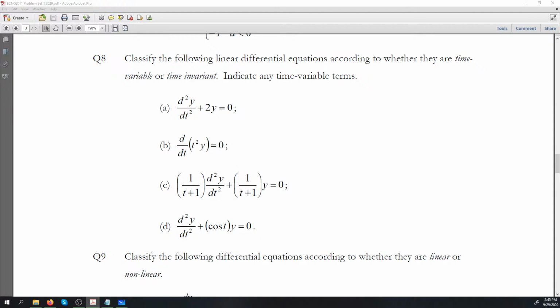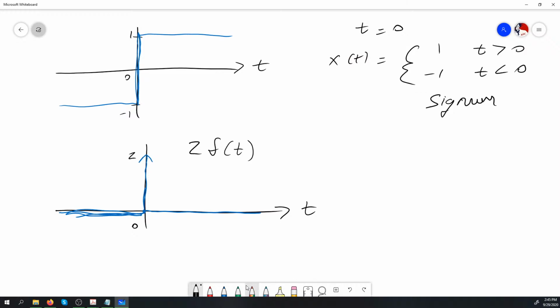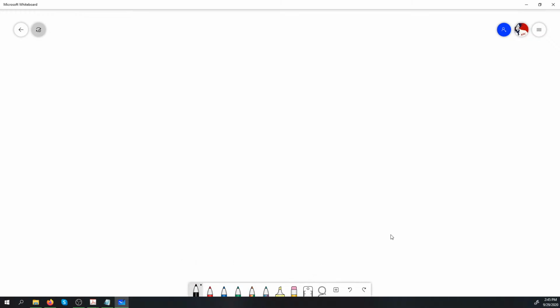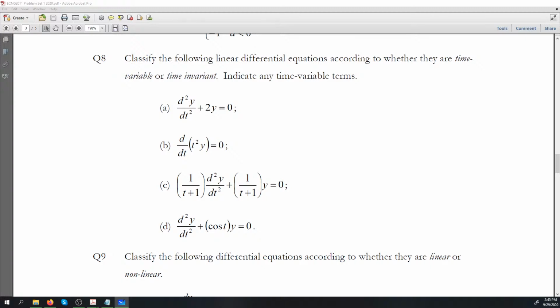And I'll explain why this is the case for part B.